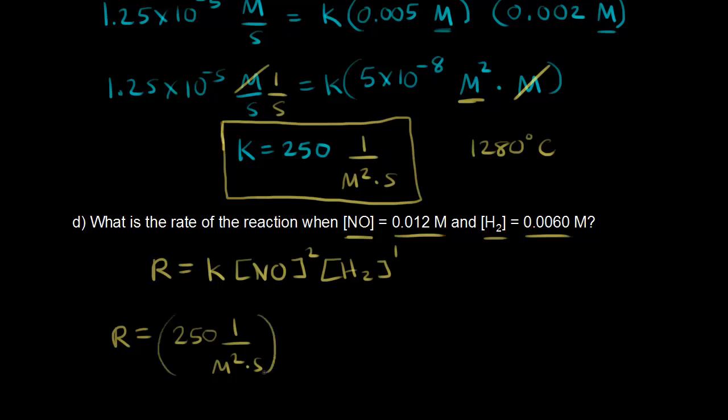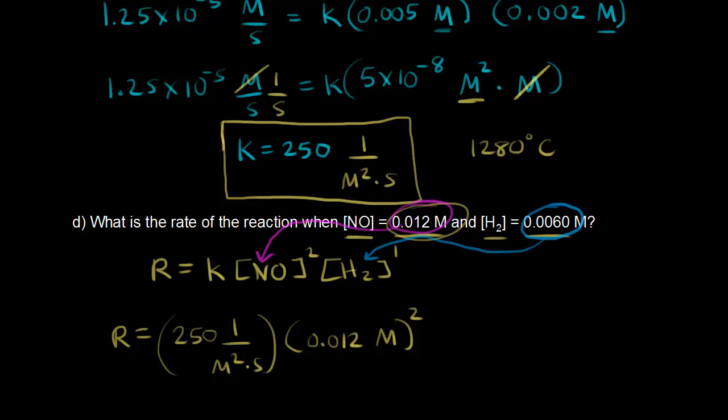So we have that. The concentration of nitric oxide is 0.012 molar, and we need to square that. So all I did was take this and plug it into here. And now we're going to take the concentration of hydrogen, which is 0.006 molar, and plug that into here.